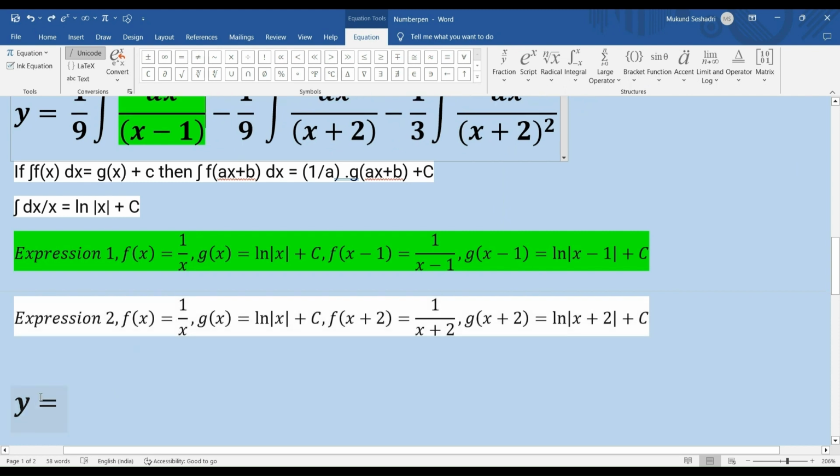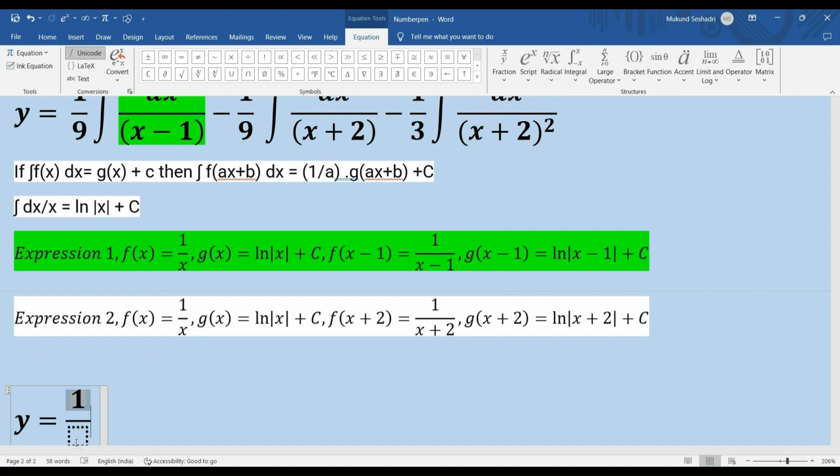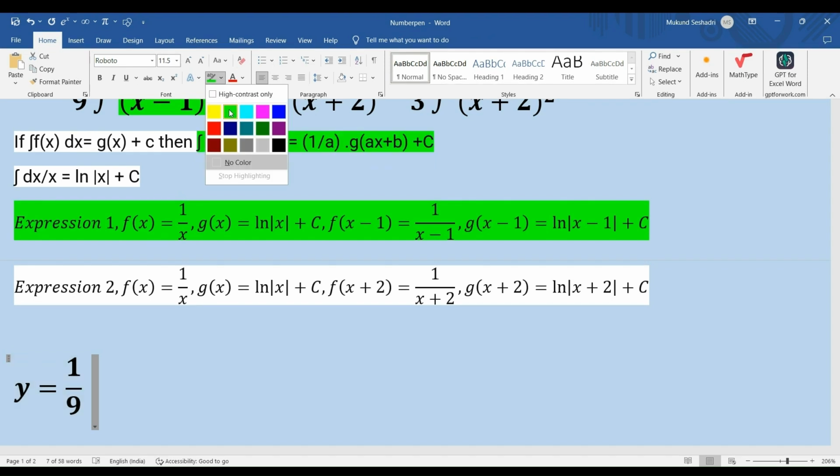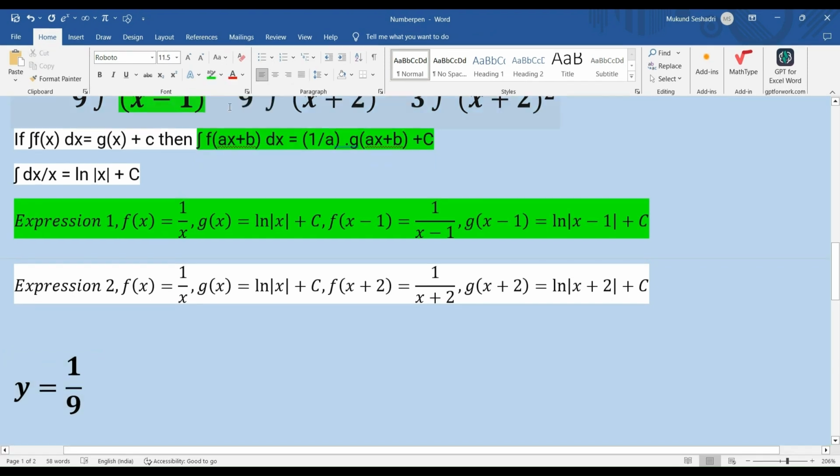So I go to my y, my first integral. I have my constant 1/9, which I write as it is. And then to express my answer for the first integral, I actually use this particular expression: the integral of f of ax plus b dx equals 1 by a times g of ax plus b plus c.